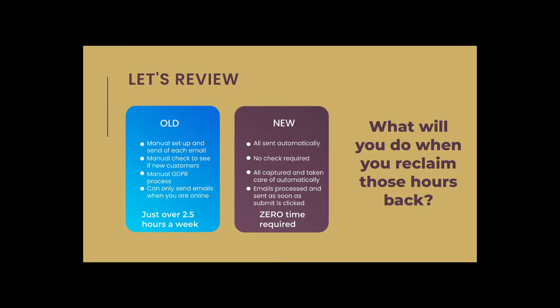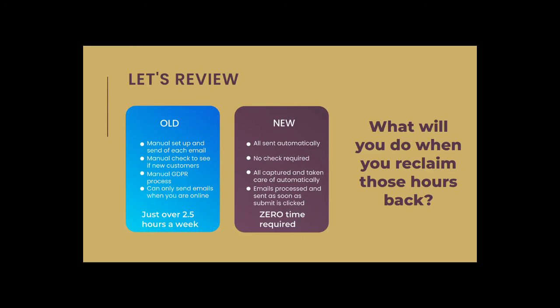In the old process, we had to manually monitor and update our customer records whenever anyone decided to unsubscribe or to be removed from our mailing lists. With the new process, GDPR preferences are captured and taken care of automatically. In the old process, we can only send emails when we are online to see that one needs to be sent.